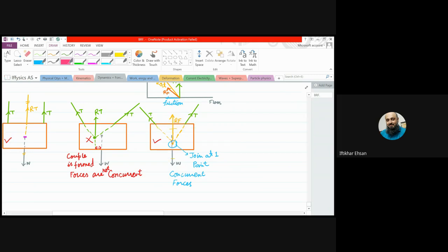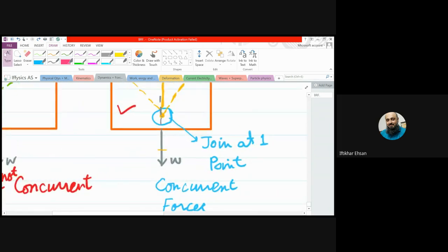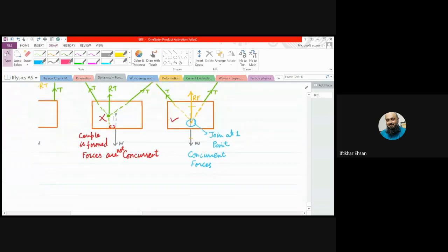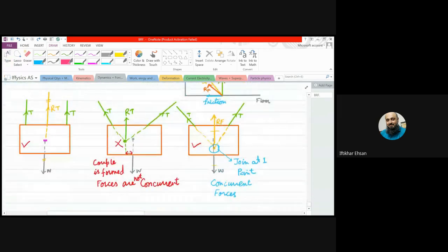The important point: when three forces extended backward all join at one point, such forces which meet at one point are said to be concurrent forces. In that situation, all the forces acting at one point will cancel out each other. They will not form a couple, and the object will be in equilibrium.